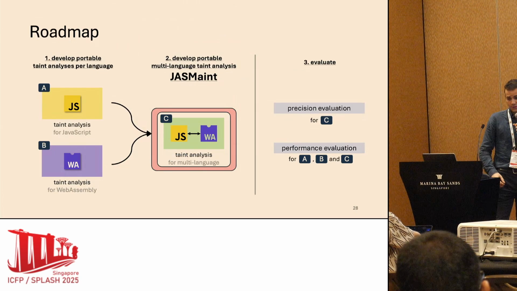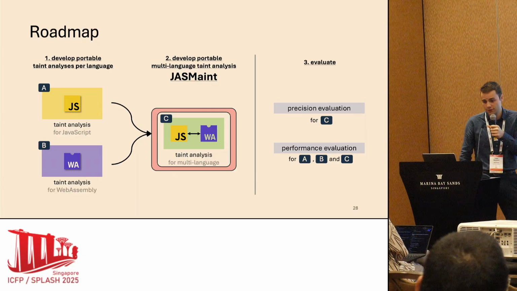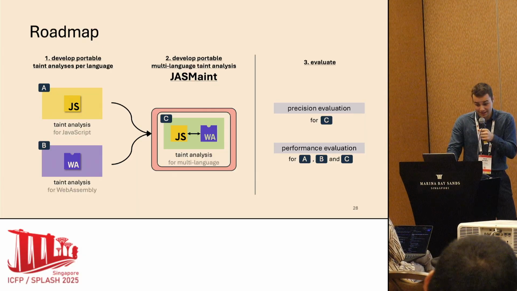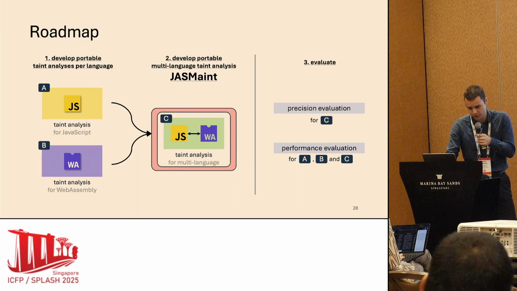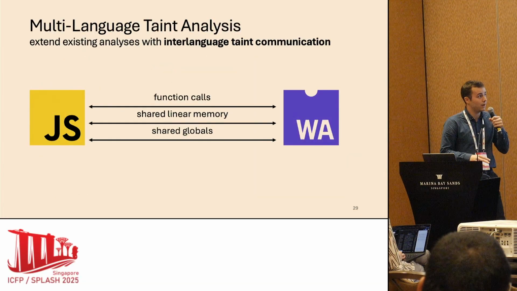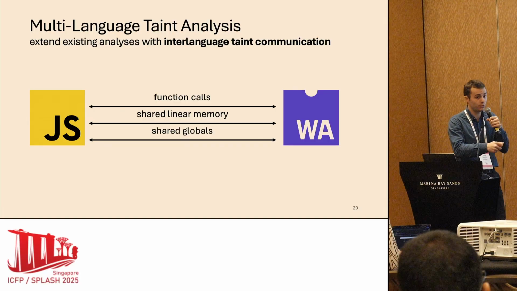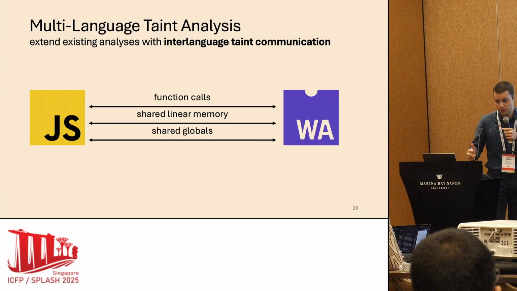So next is the orchestration between the 2 individual Shadow analyses, or taint analyses, and the interoperation between JavaScript and WebAssembly programs. We focus on 3 boundaries in which JavaScript and WebAssembly programs interoperate: function calls, linear memory, and shared globals.